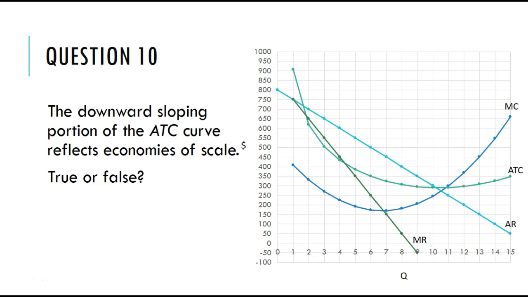And the long run is where you can change the scale of the production operations. In the short run, by definition, you can't change the scale of operations, and you can't employ more of all of the inputs. So this is false. It doesn't apply because we're talking about the short run here.